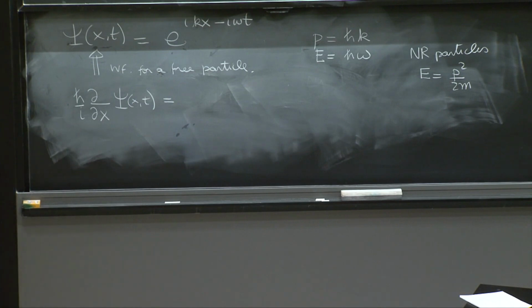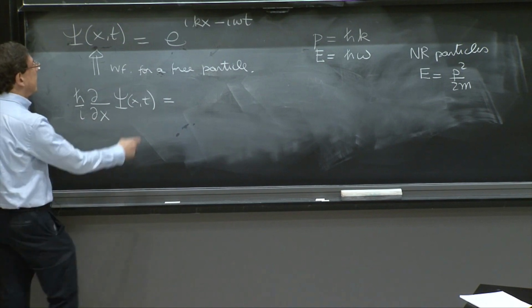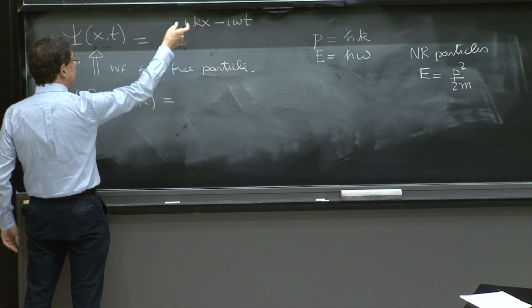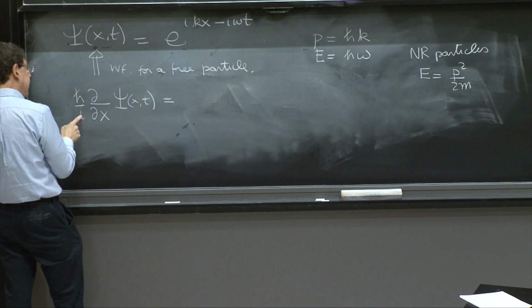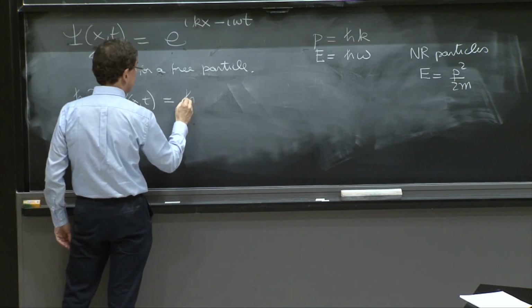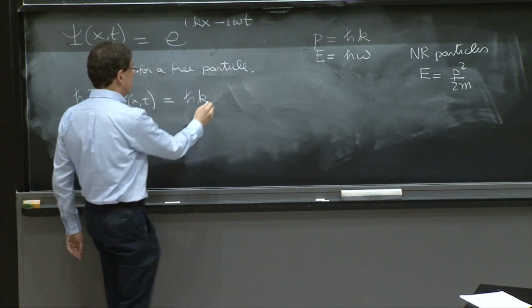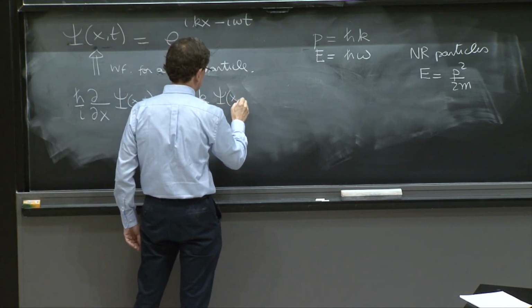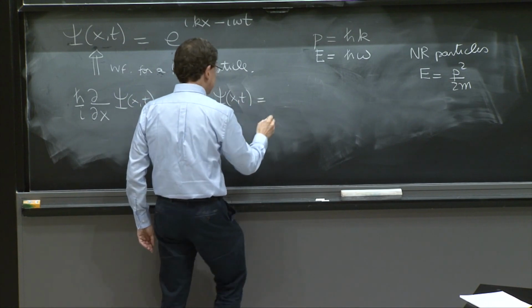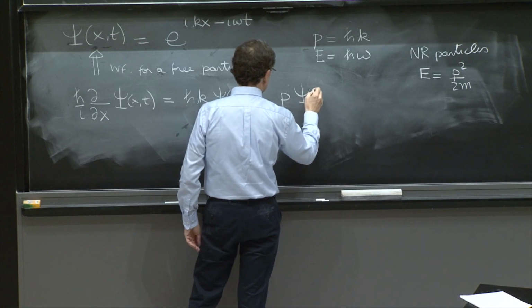Calculate this thing. Now, if I differentiate with respect to x, I get here i times k going down. The i cancels this i, and I get h bar k. So I get h bar k times the exponential. And that is equal to the value of the momentum times the wave.